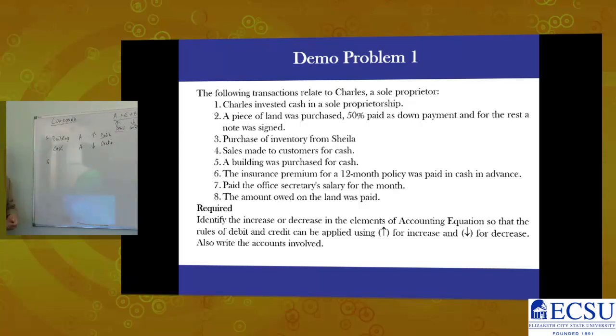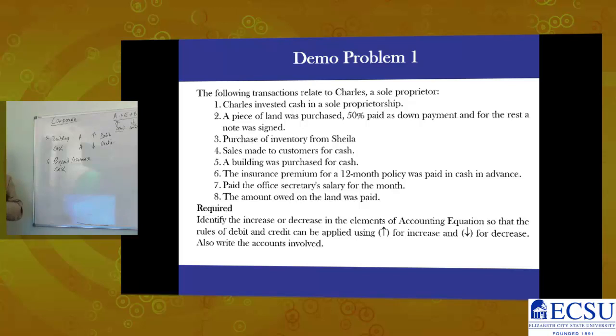insurance premium for a 12-month policy was paid in cash in advance. Now I'm paying the insurance premium in advance. So what I will do is I will use an account known as prepaid insurance, and I paid cash. Now, prepaid insurance gives you the right to use that insurance policy for a future period.